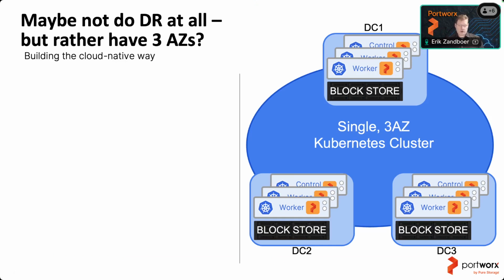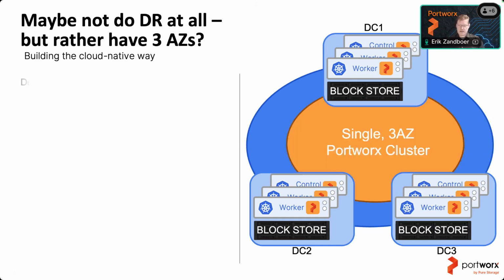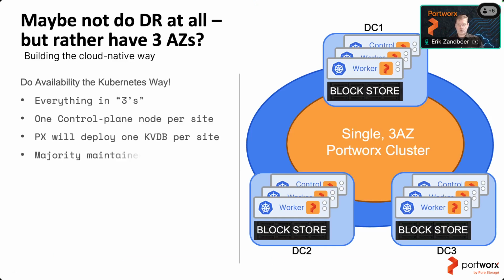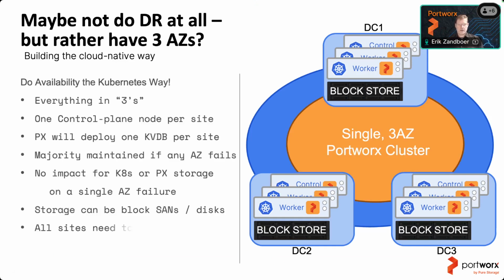You can have block storage in each data center, and then you could add a single 3-AZ Portworx cluster on top of it. By the way, we also have etcd in 3s. So we would also deploy in each availability zone 1 etcd node, similar to the control planes.